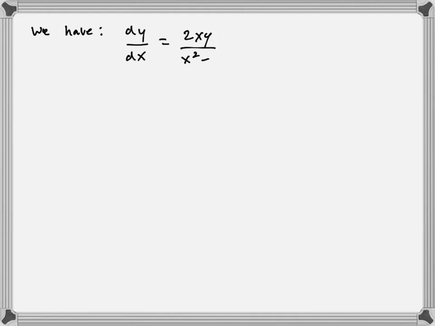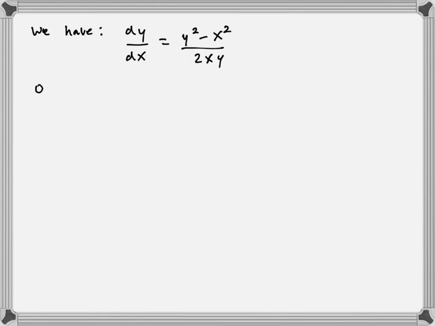We're not here yet. This is not what we get for dy dx. What we actually get for dy dx from the last page was y squared minus x squared over 2xy. Okay? So remember, this is our slope.